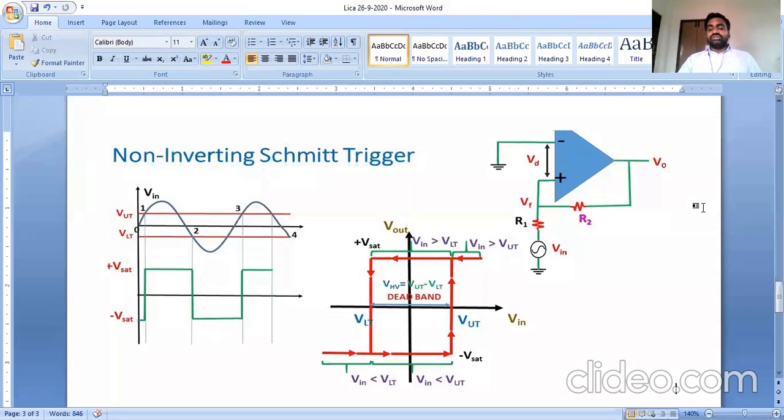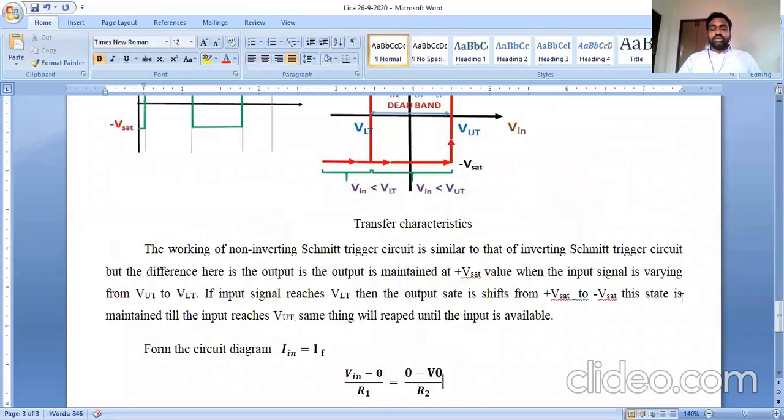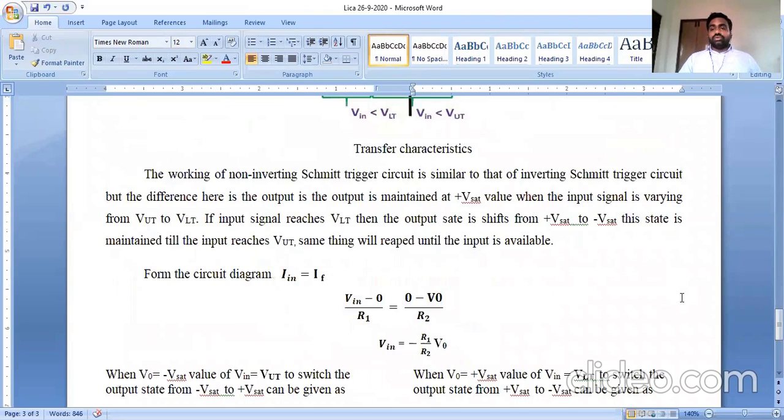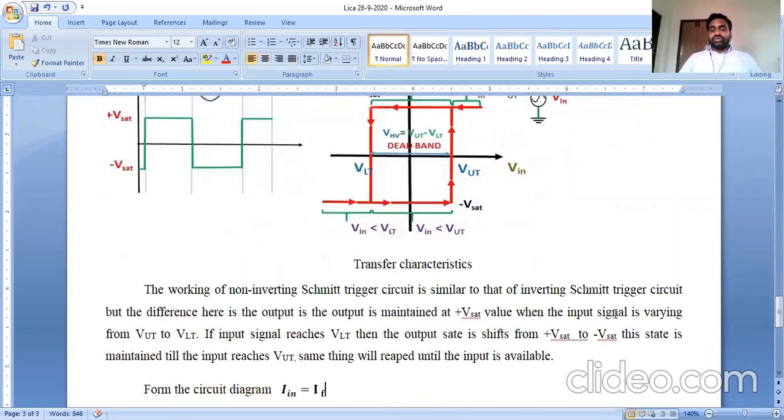Before analyzing the behavior of the hysteresis voltage and the transfer characteristics, we will see the theoretical equation analysis. The input current flowing through the non-inverting terminal is equal to the feedback current, because of the concept of virtual ground.